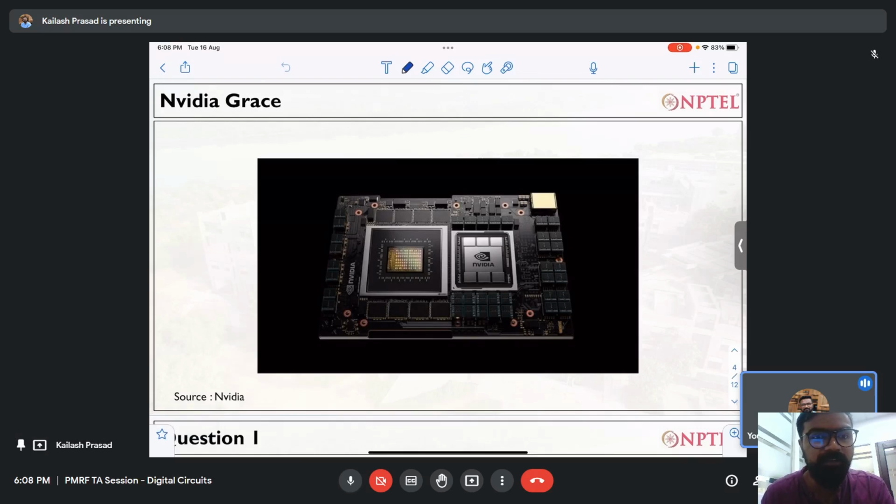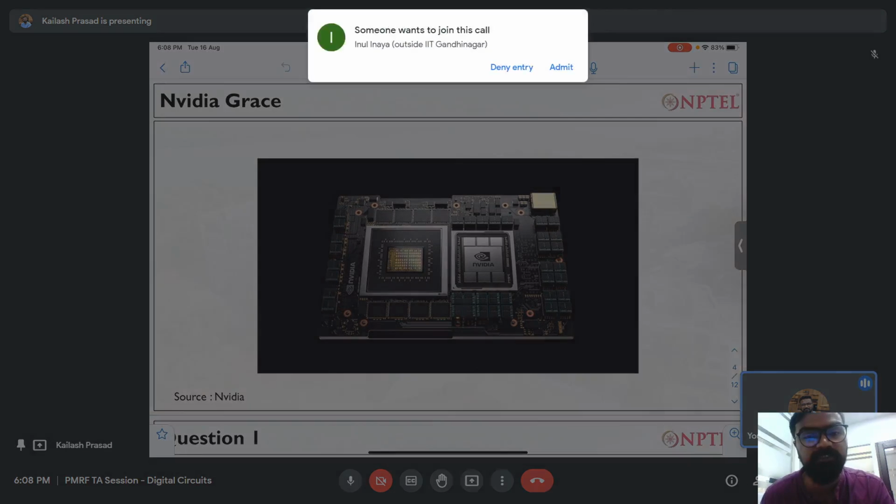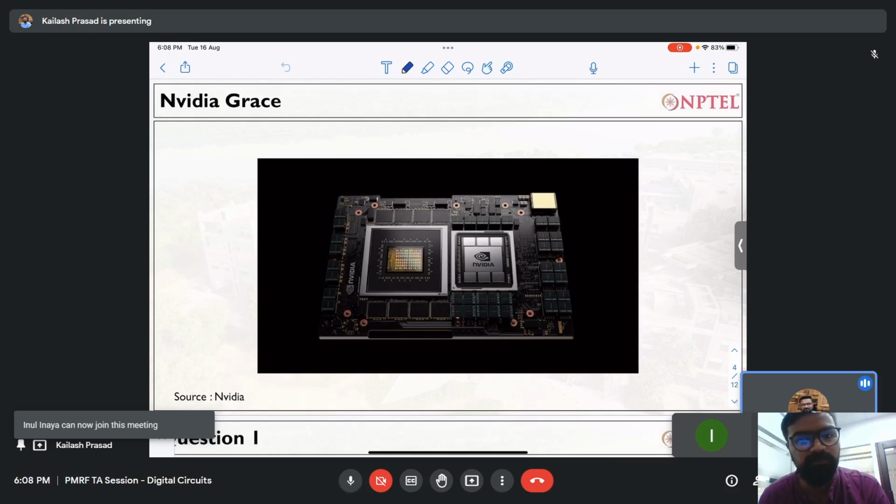In the future, when you take up this domain as your profession, you will understand the designing of such chips, and then you will appreciate the knowledge of logic gates and how these logic gates help you to design such a complex chip. Each of these chips will contain millions and billions of logic gates.